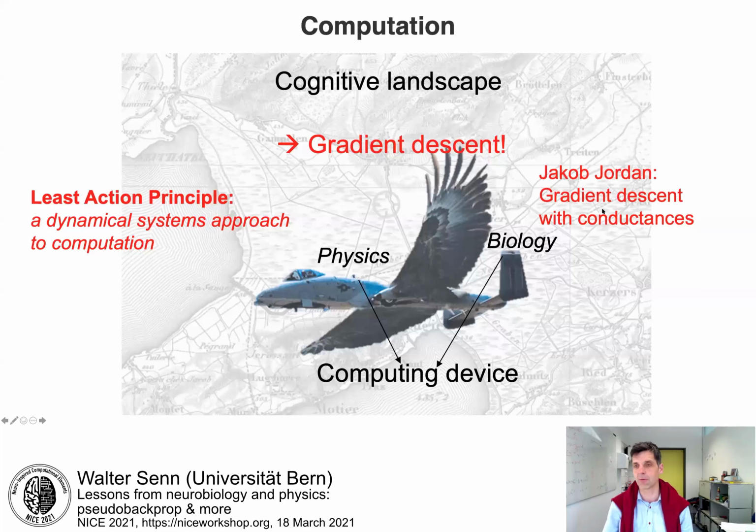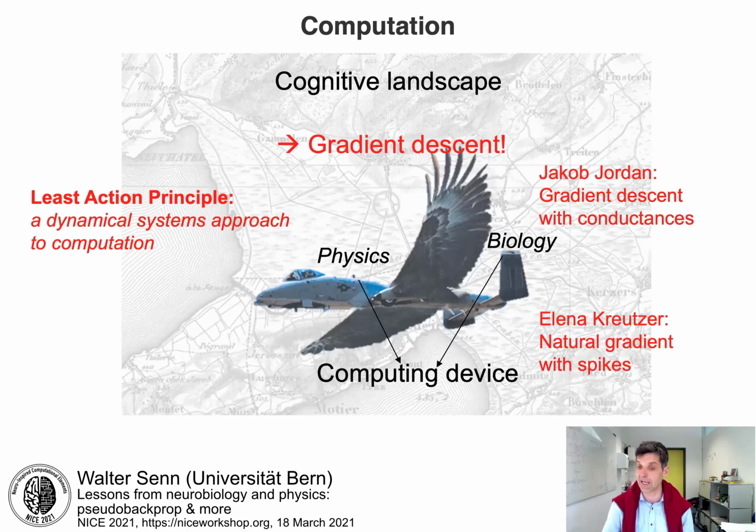The next one by Jakob Jordan on gradient descent with conductances, so what real neurons have. Then we're going to hear immediately afterwards a talk by Elena Kreutzer on natural gradient with spikes, and Julian tomorrow is going to speak about gradient descent for the first spike timing.